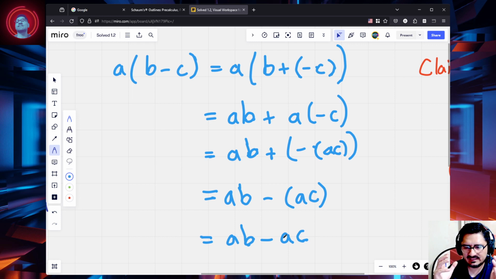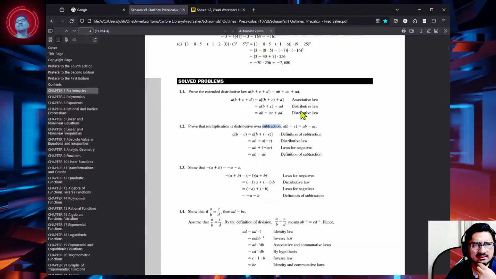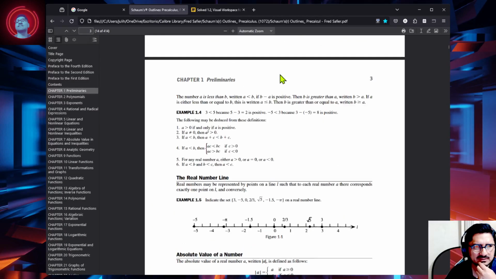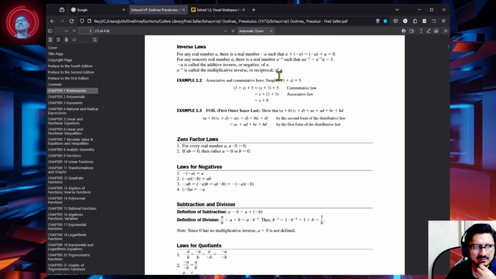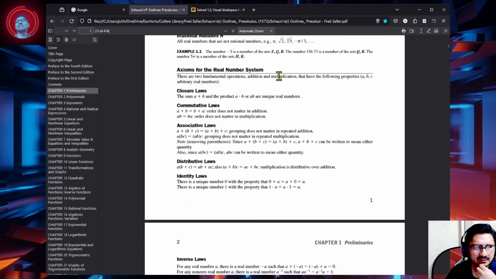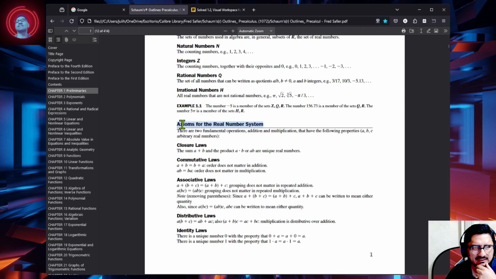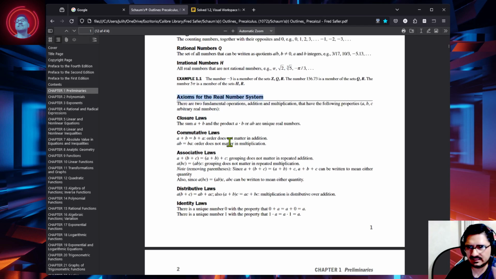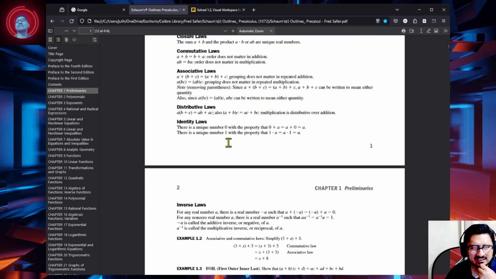You can do this with other kinds of systems, but that's the important part. By the way, just to be clear, you can consult some of these axioms right here, as you can see in the book, you can have a list of axioms.